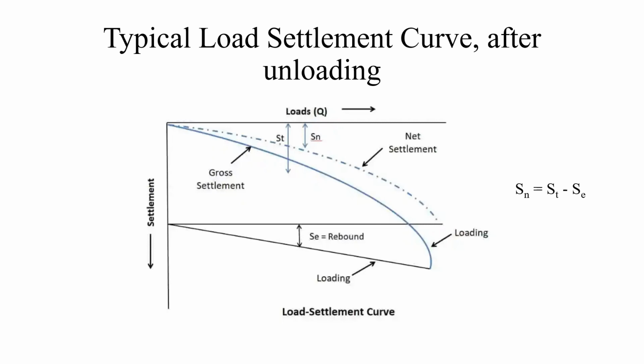This straight line that you can see here is the loading curve, and this is the unloading curve, and this one is your net settlement. This is how you will be measuring the diagram.